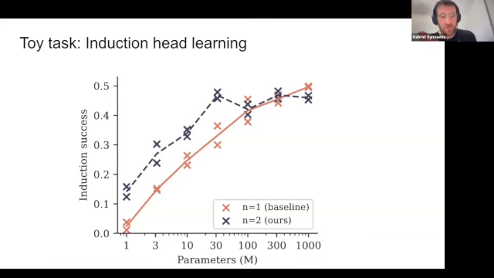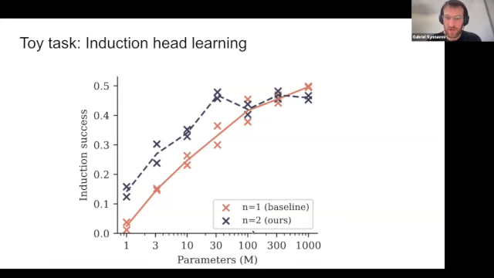So if the end of your prefix is A and then previously in the prefix you had AB, how much more likely are you to output B as a continuation? And we did this with real 2-token nouns, so it's not a completely artificial task. We searched for 2-token nouns that appear in the prefix and in the continuation, and we look at the induction success with the baseline and with MTP models of n equal 2.